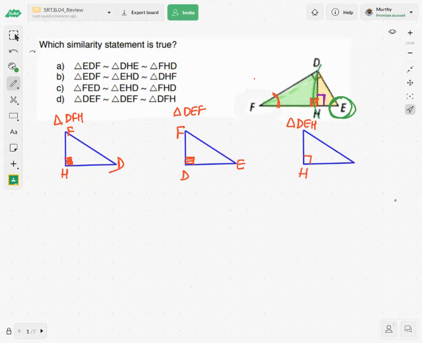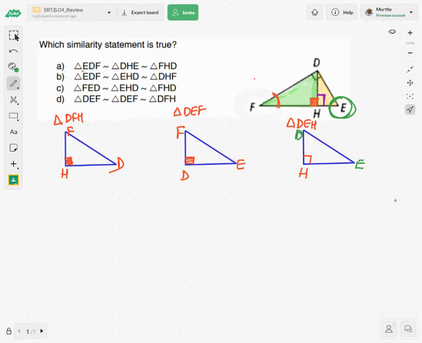And in the small triangle DEH, the value of E will be the same. Agreed? Therefore, here E is taken at the same position. I have to take E because I know that these two angles are equal. Therefore, E goes here. There are three letters D, H, E. Then the next letter D goes here.